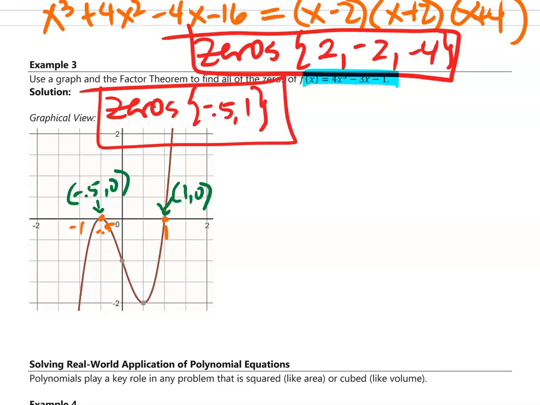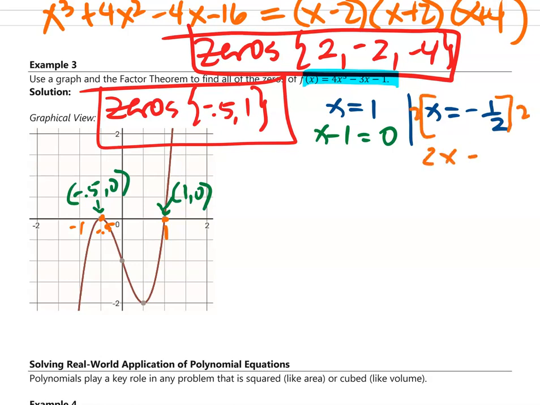1 and negative 0.5, so we can say that x is equal to 1 and x is equal to negative 0.5, which is the same thing as negative 1/2. Then set this to 0. To do that, if we subtract 1 both sides, that's going to be x minus 1 is equal to 0. Here, if we multiply both sides by 2, so that's 2x is equal to negative 1, and then add 1 both sides, so that's 2x plus 1 is equal to 0.